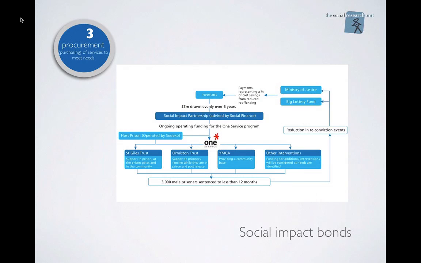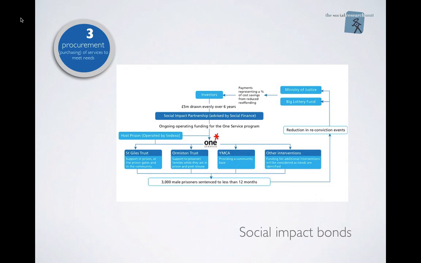The Peterborough Social Impact Bond, launched in 2010, is the first example in the UK of a social impact bond. It was developed by Social Finance in collaboration with the Ministry of Justice and the Big Lottery Fund. Social Finance raised £5 million from 17 social investors to fund work with 3,000 male short sentence prisoners leaving Peterborough Prison.